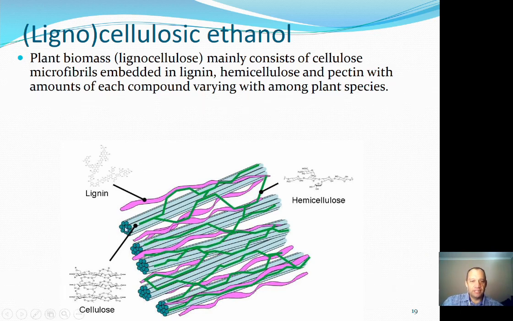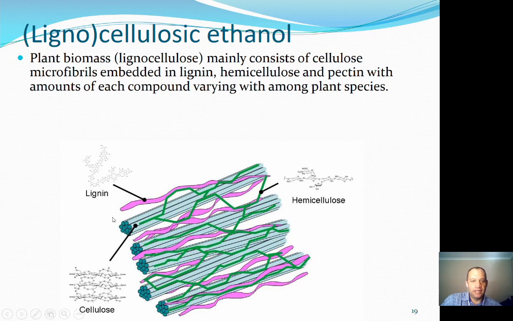So here we have our cellulose microfibrils. This, as we mentioned, is essentially glucose chains that form these fibrils. They exclude water, and so we talk about a crystalline form of cellulose. Interweaved in this is hemicellulose, which interacts non-covalently with cellulose and covalently with lignin.